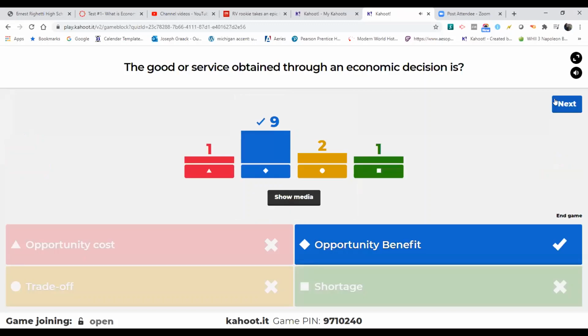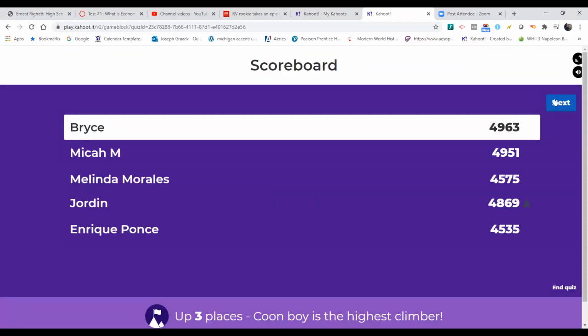Opportunity benefit. In that same scenario, at $5, you're going to go to lunch picking between McDonald's and Subway. If you pick McDonald's, Subway was your opportunity cost. Your benefit is what you obtained through the economic decision. So that would be McDonald's in that example.